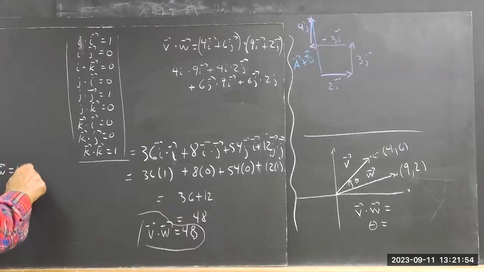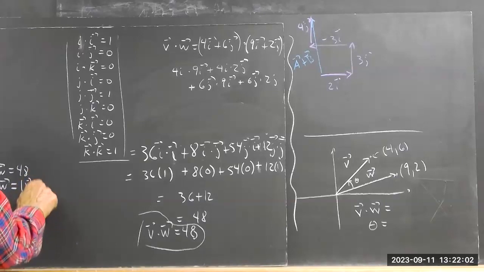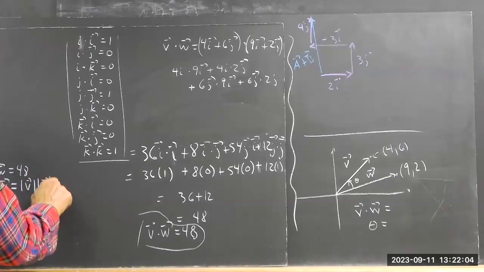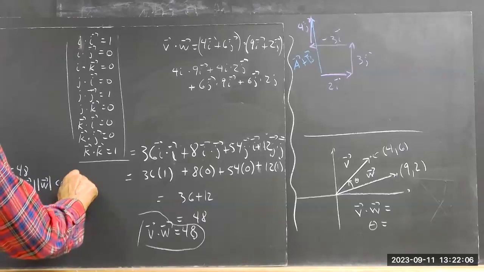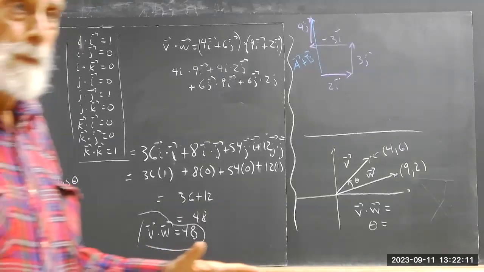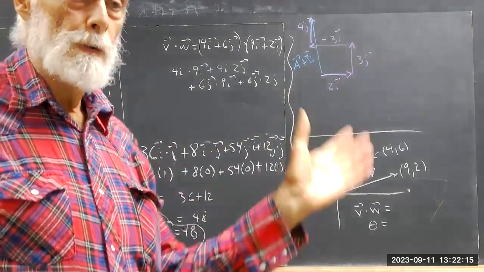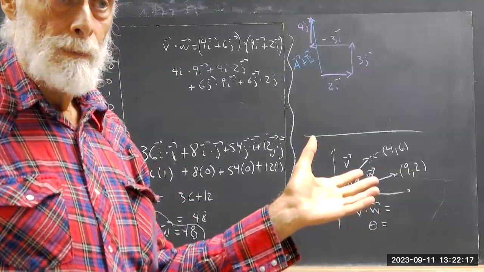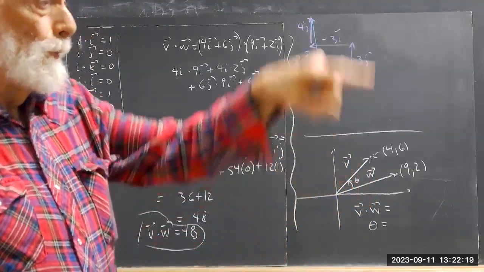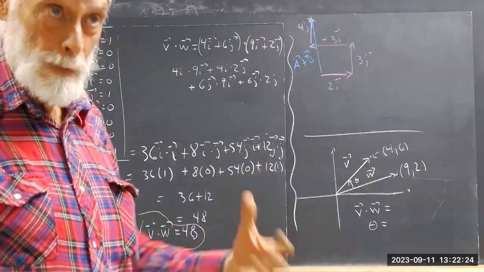V dot W is 48. We also know that V dot W equals what? It equals magnitude V, magnitude W, times the cosine of the angle between them. The angle between them is always between 0 and 180 degrees. Because if it goes around past 180 degrees, you measure the angle the other way, just the angle between.